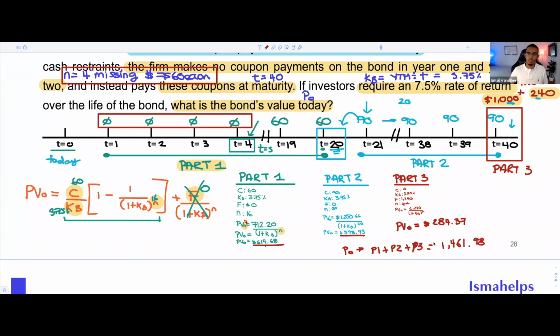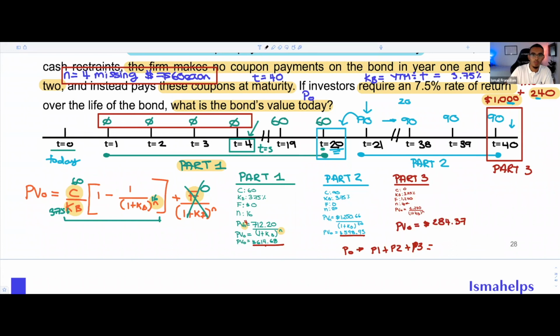You do some quick math. You should be correct. So far, it's 1497. Yes, 1497.98. Yeah, that is the correct amount.